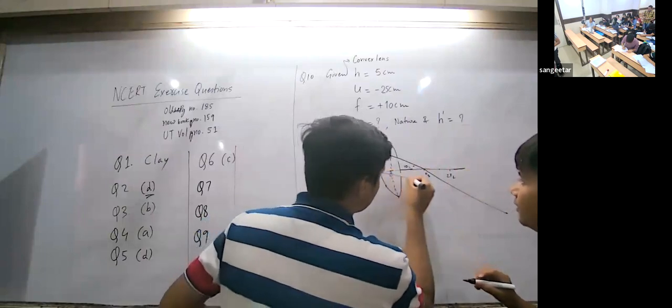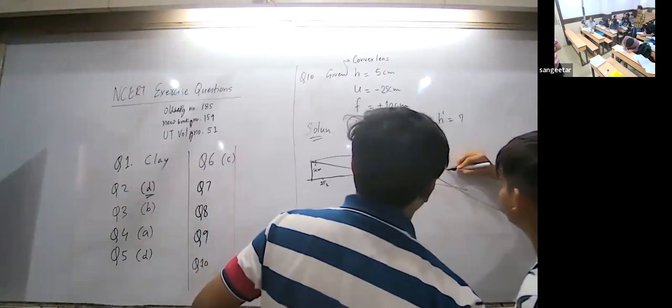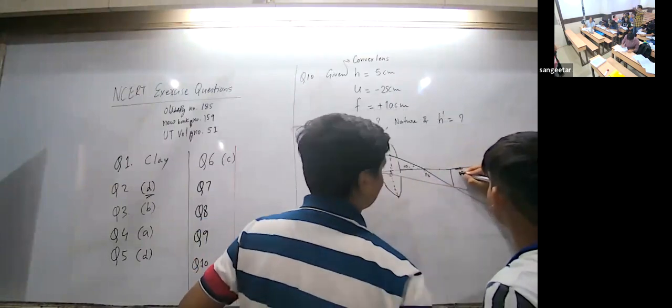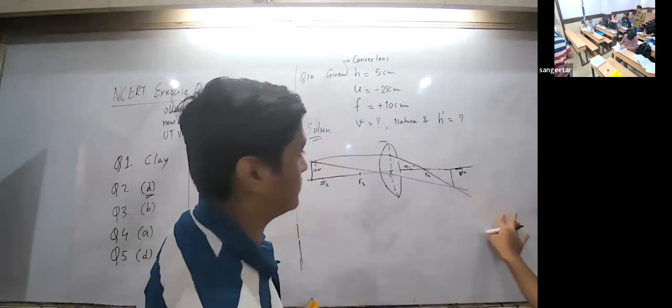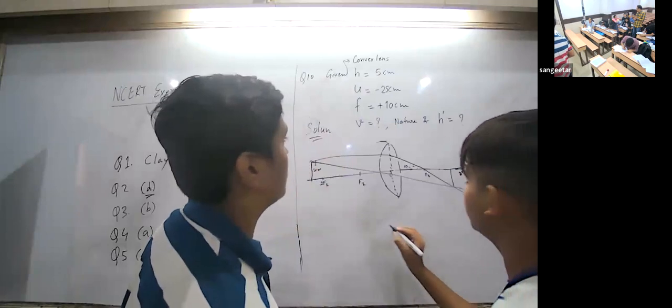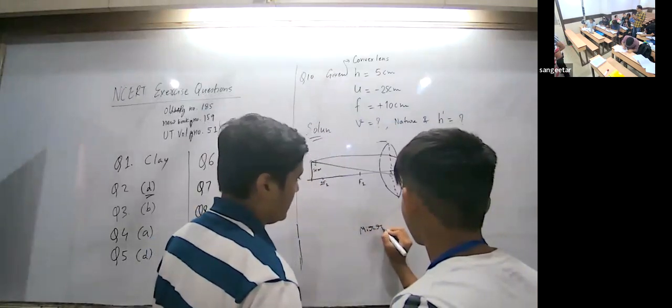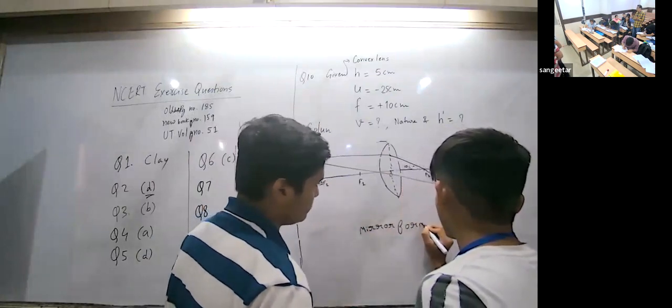Yes, you can leave it as it is. The object is already beyond C. I know that. Yeah, you can write C. But which C? C1 or C2?